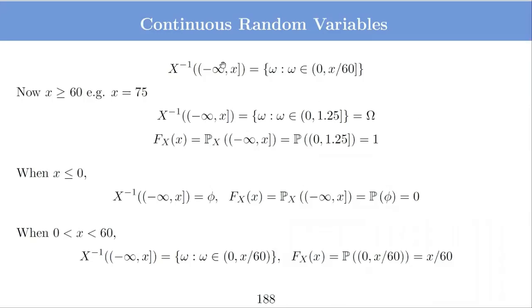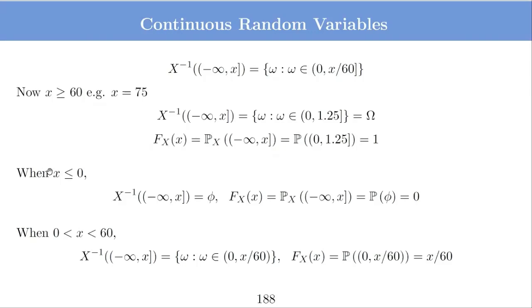So let's assume 75, then the pre-image says that omega belongs to 0 to 1.25, and because omega can only be between 0 and 1, all values from 1 to 1.25 do not mean anything. So this is nothing but the complete sample space. In that case, the CDF F_X(x), which is the probability of (minus infinity, x] for this value, would be just equal to 1.